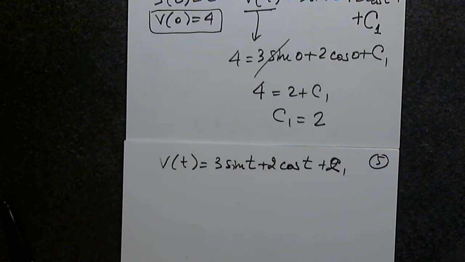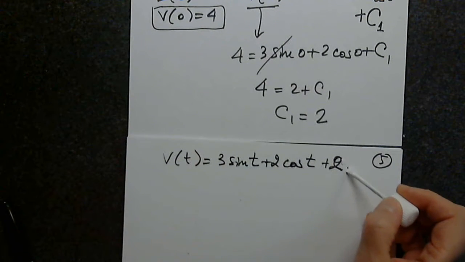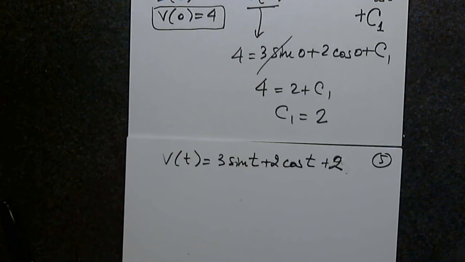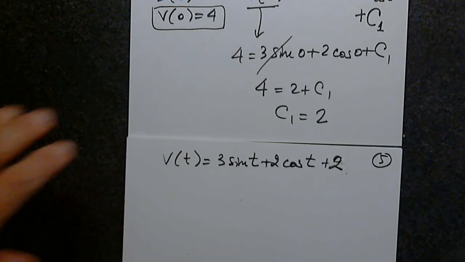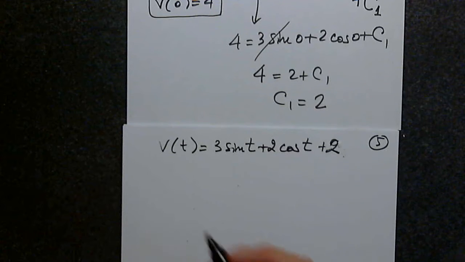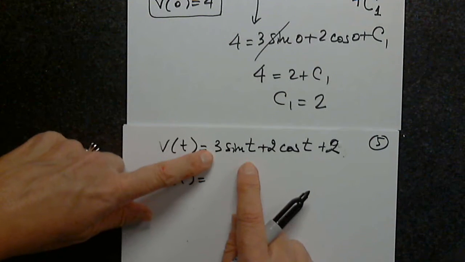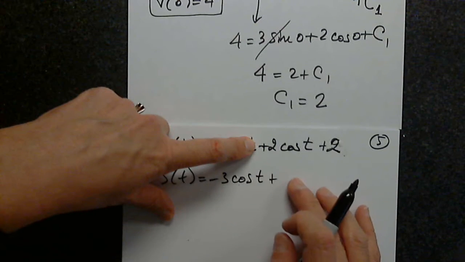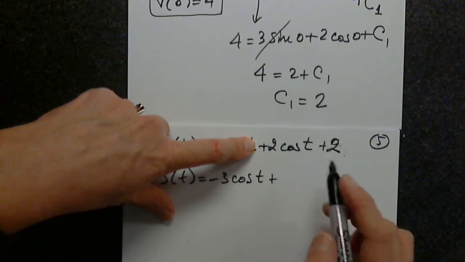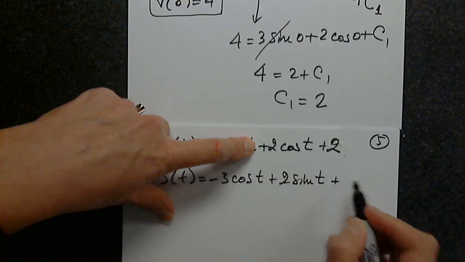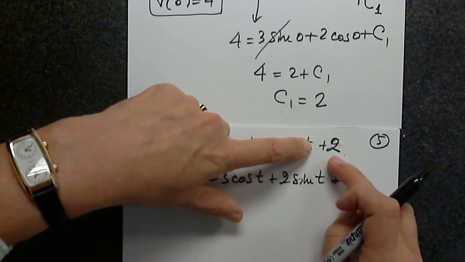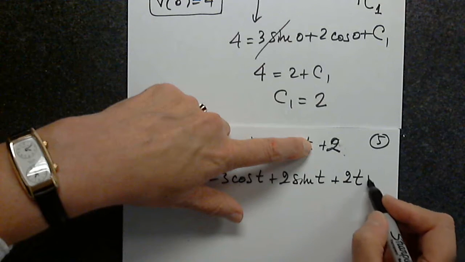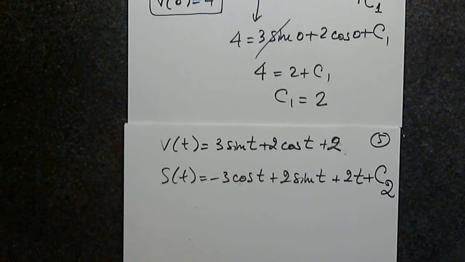So now we can go back and finally determine the motion formula or function. So S of t. Which function prime is 3 sine t? Plus, which function prime is 2 cosine t? Which function prime is 2? Excellent. Plus C2.